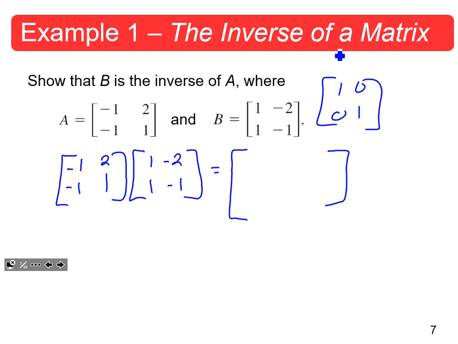Times them together, so we're going to go over, down. So this will be negative 1 times 1 plus 2 times 1. Then we're going to do it again, over, down, so negative 1 times negative 2, which I'll just say is 2, plus, well, negative 2, over, down. You could type this into the calculator and do it that way also.